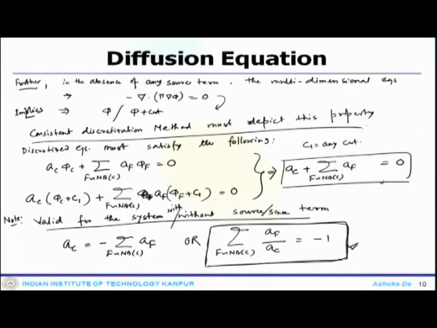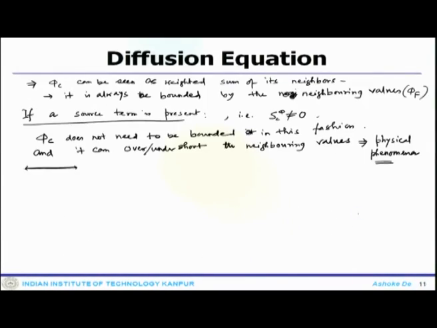Now, this criteria is also valid for an equation system where one has a source or sink, but in that case things can overshoot, and which is perfectly fine.